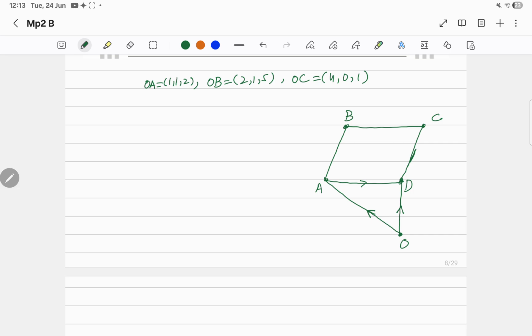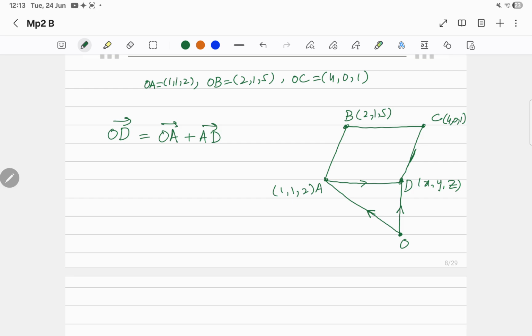So then OD will be OA plus AD. If we consider the points over here, the coordinates of A are 1, 1 and 2, the coordinates of B are 2, 1 and 5, and the coordinates of C are 4, 0 and 1, but the coordinates of D are not given, so let's say x, y, z.